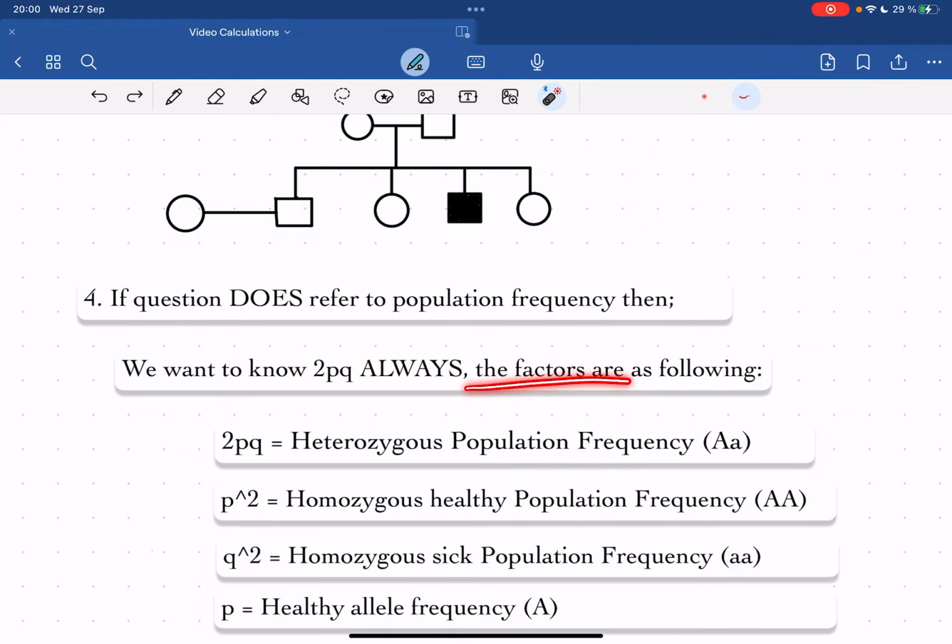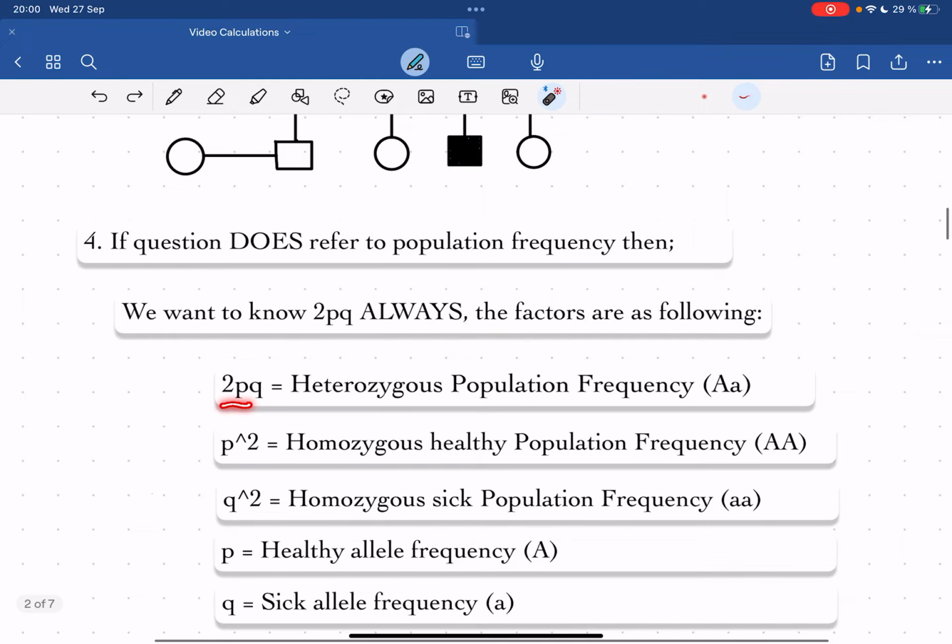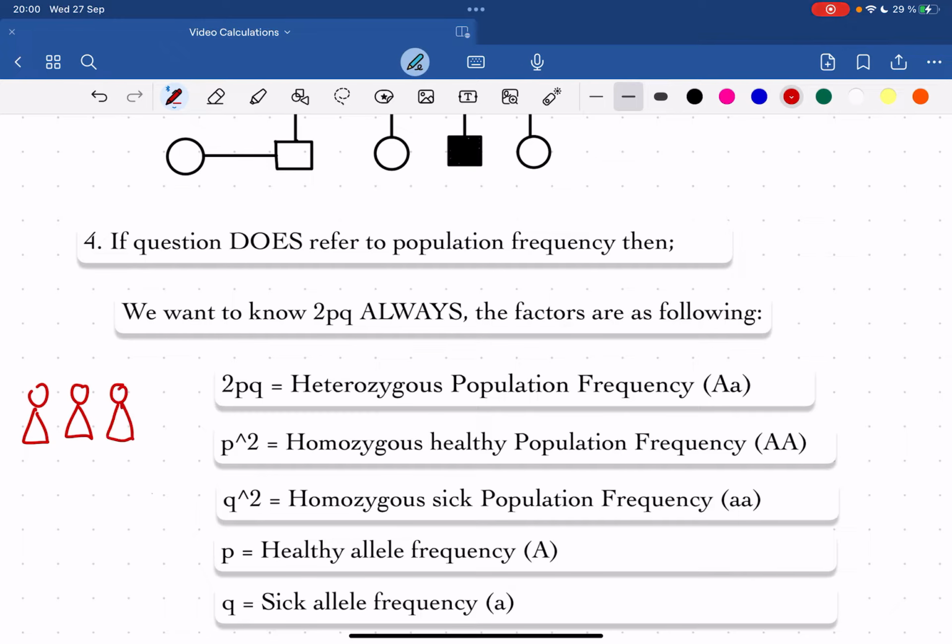And the factors are as follows. 2PQ represents the heterozygous population frequency, or the amount of heterozygous people in the population. Say we have a population of 3 people, and 1 out of 3 is heterozygous. Then our 2PQ equals 1 out of 3. So 1 out of 3 is heterozygous. That's kind of how that works.